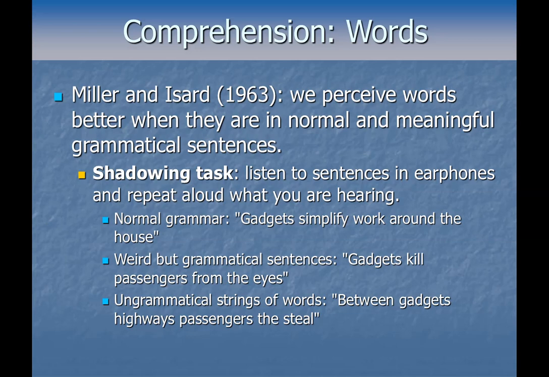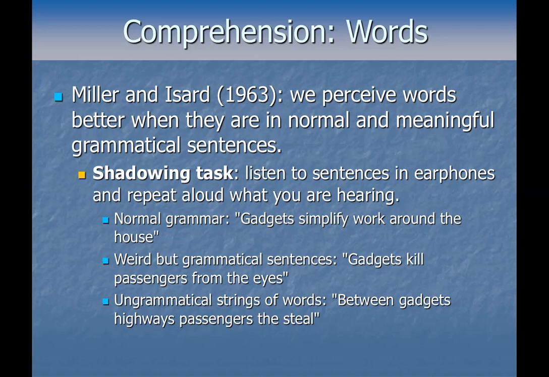Now, what they did is they had participants listen to either sentences that had a normal grammar, so grammatically valid sentences like "gadgets simplify work around the house," or sentences that are grammatically valid but are weird and don't really make sense. So they're grammatically valid but may not have an underlying meaning that we can make sense of. Like "gadgets kill passengers from the eyes."